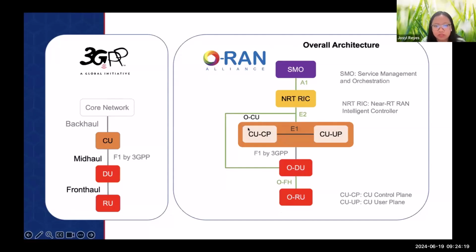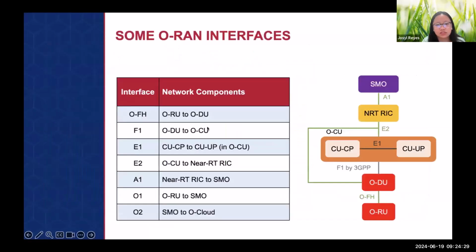The important parts, comparing the two from the 3GPP to the ORAN architecture. So we already defined the other interfaces, like as you can see here. Ito naka-detail lang on the left side, but all of these are also found in the ORAN architecture earlier. Naka-tabulate lang in this case.